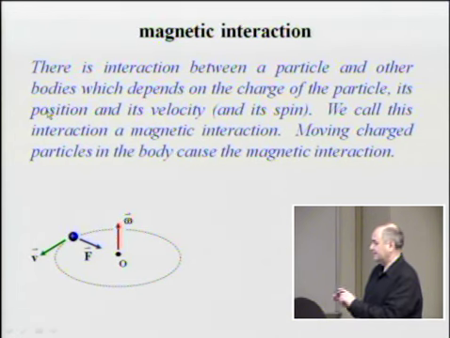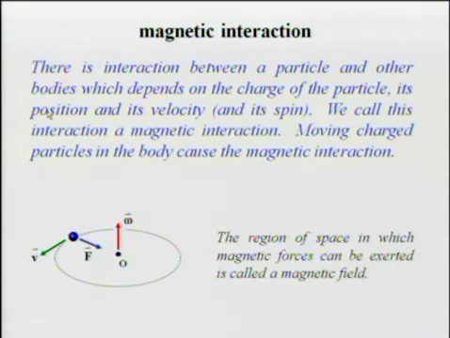All right. The region of space in which the magnetic forces are exerted is called a magnetic field. It's the same way as we recognize that the region in which gravitational forces are exerted is called a gravitational field.